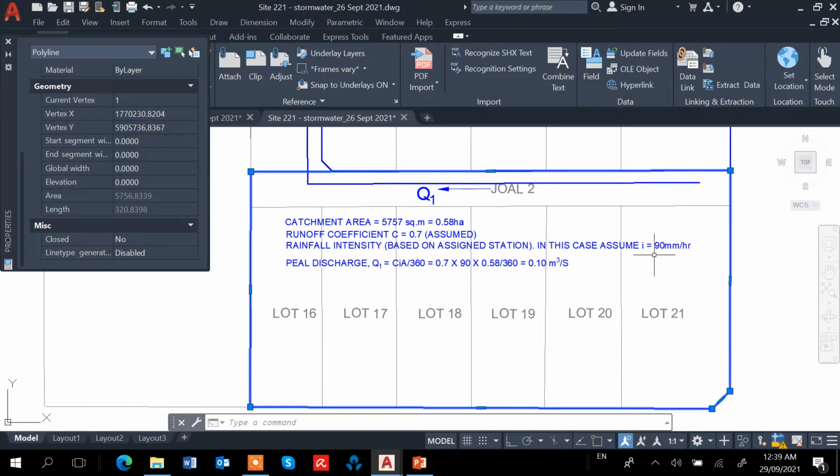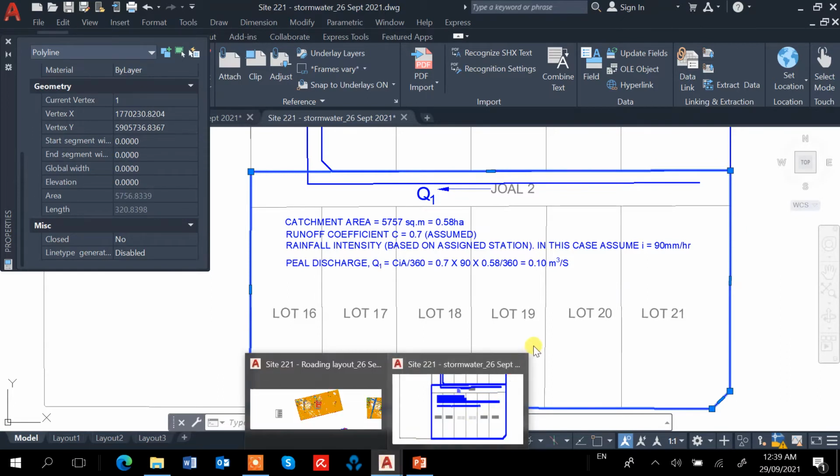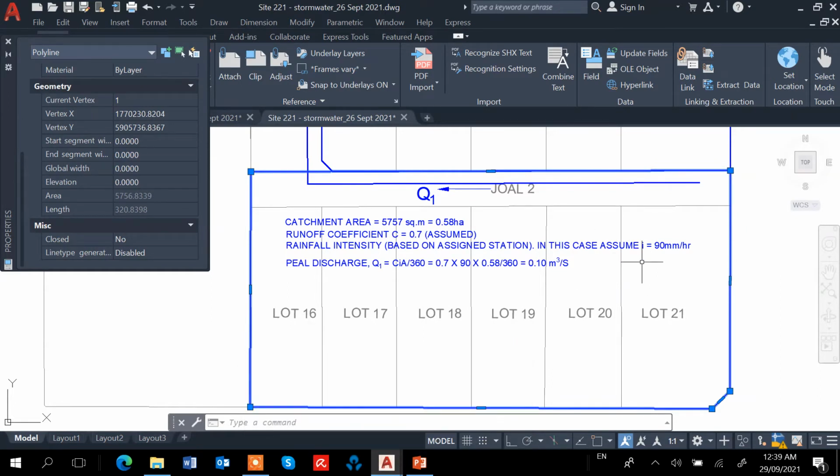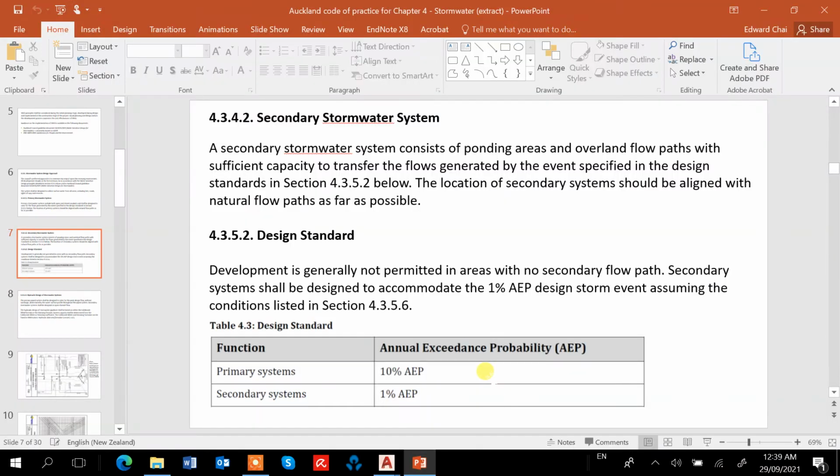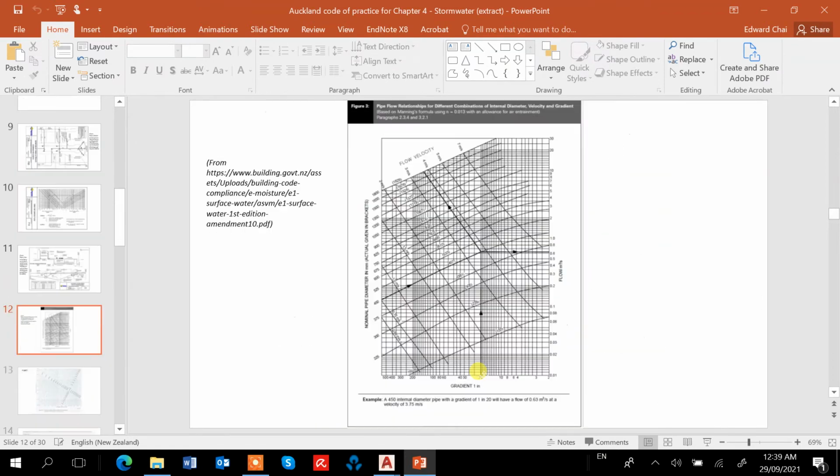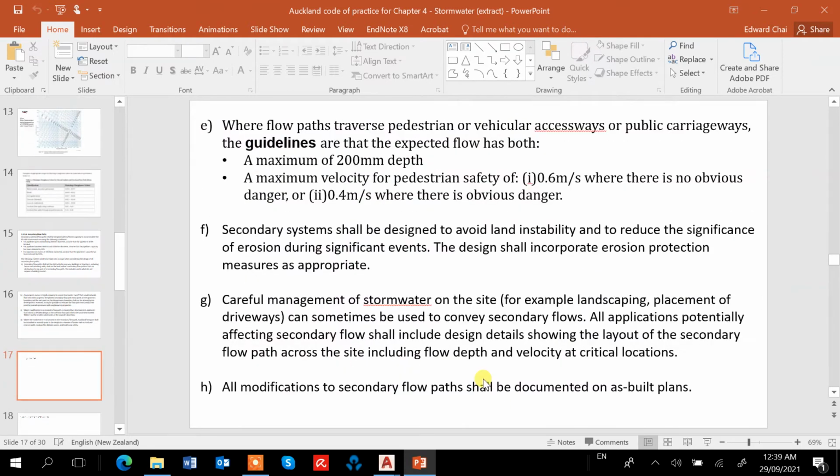From the NIWA site, you look for the chart. The time of concentration is probably only about, do I have that? I don't have that.